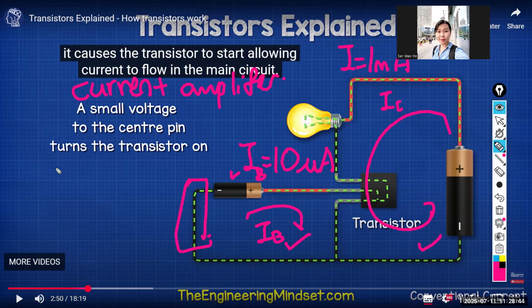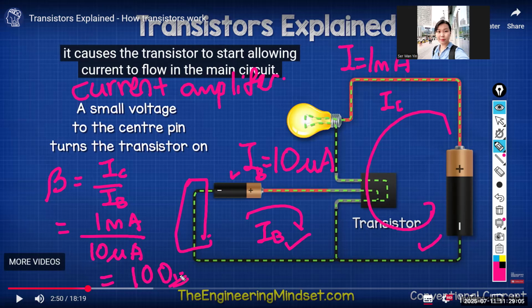So how much is it amplified? We say beta equals IC divided by IB. IC is 1 milliampere divided by 10 microampere. We will get 100, is it? Yes, we'll get 100. Okay, how to know what prefix is it?